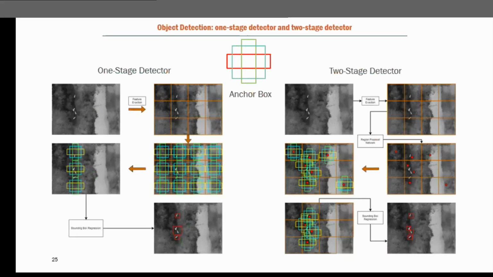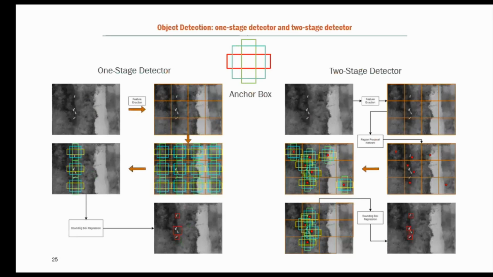So two-stage detectors use extra modules, which means they will have more parameters. So they will need more time to train and more time to do the detection. So it's common sense that one-stage detectors will achieve better detection efficiency, and two-stage detectors will have better detection accuracy.